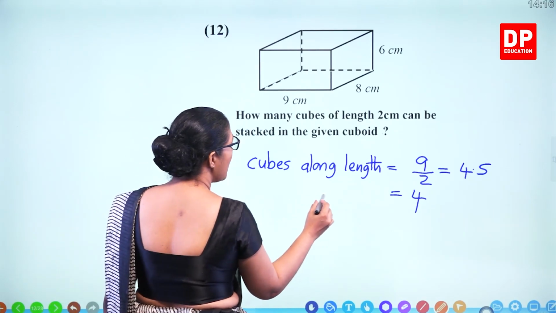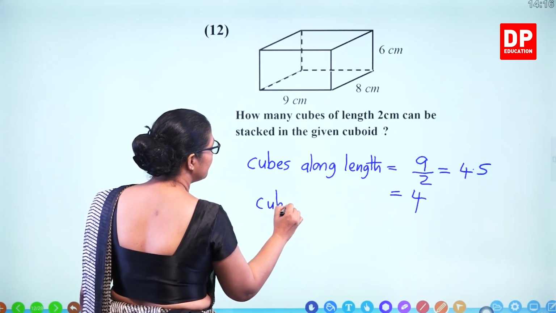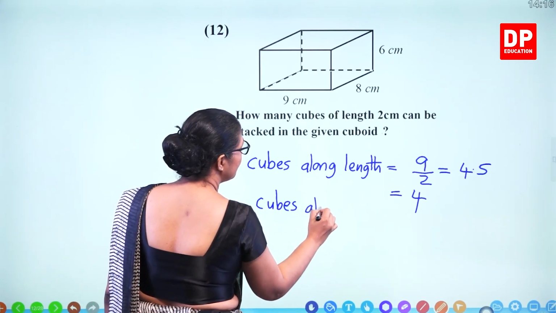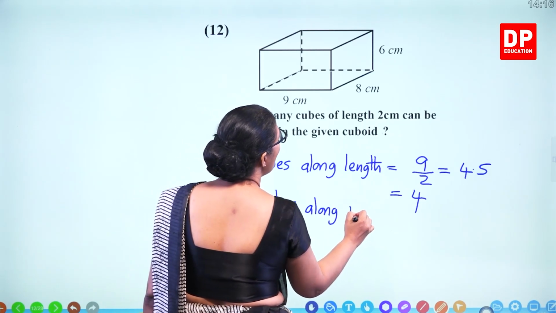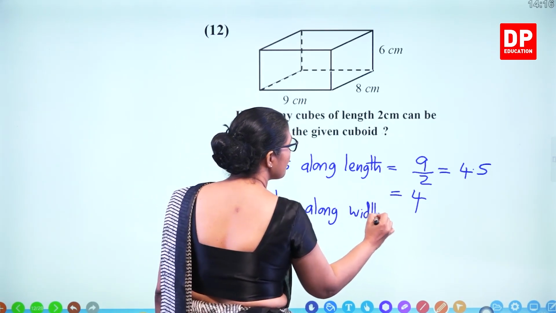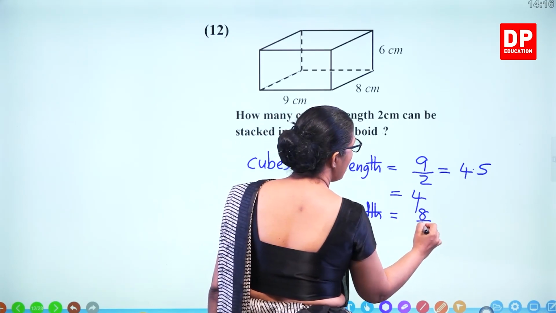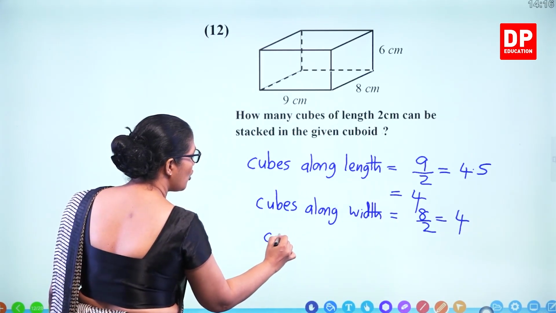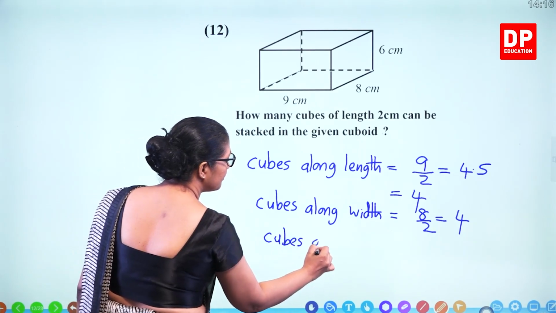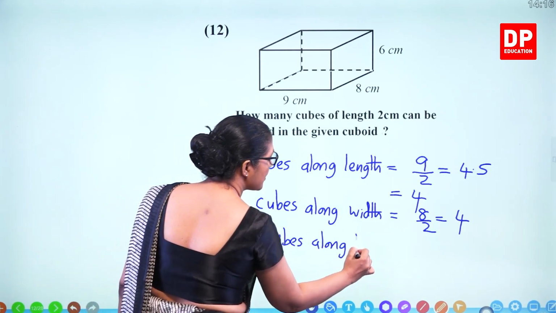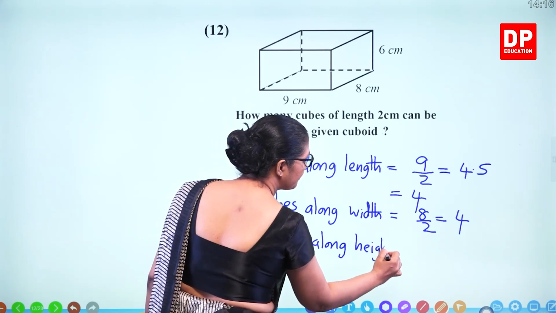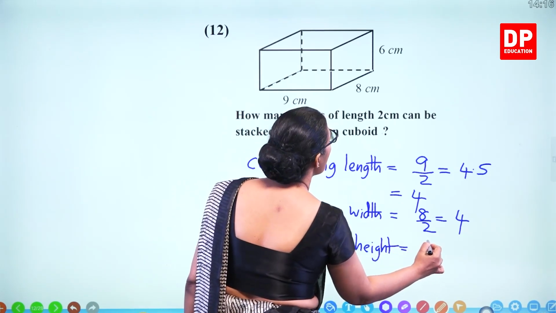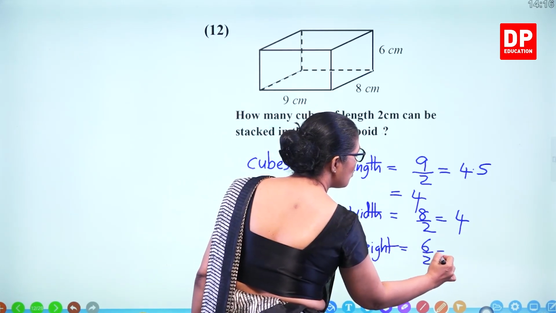How many cubes along width? 8 divided by 2, that's 4 cubes. How many cubes along height? Height is 6. 6 divided by 2, 3.